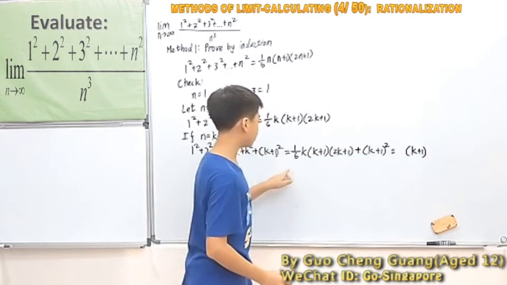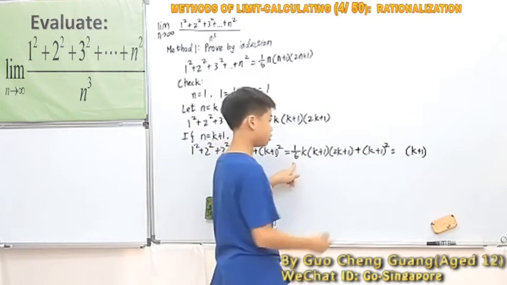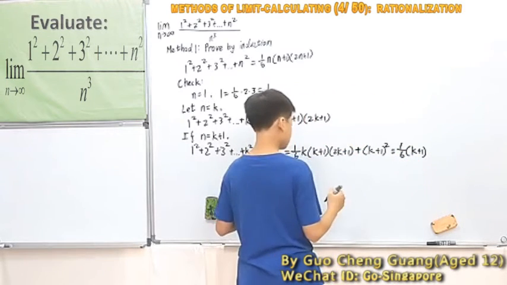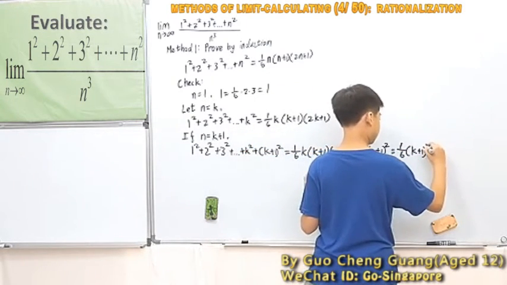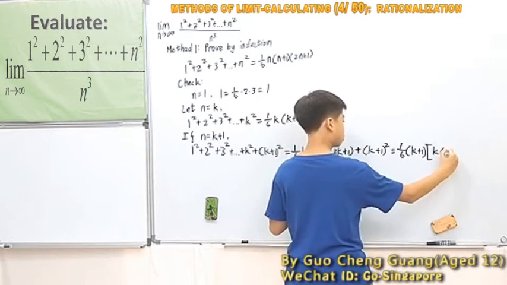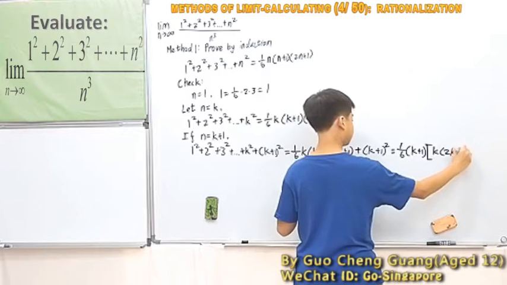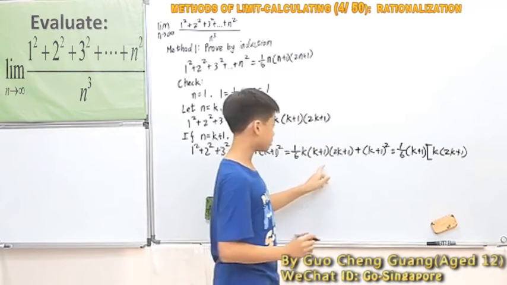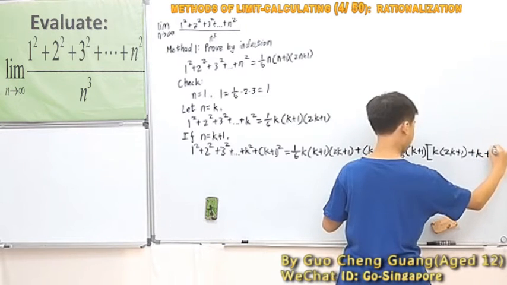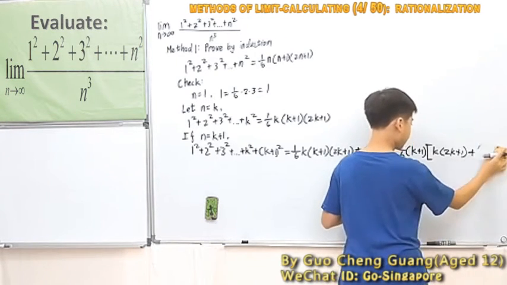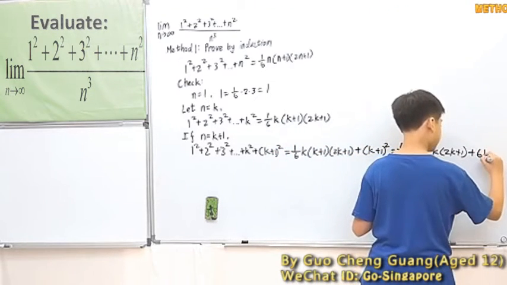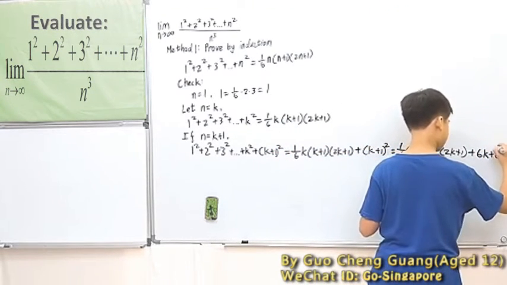Now to make this simple, we take this fraction out. That is the 1 over 6. So then inside here, what you have is k times 2k plus 1, this part, then plus k plus 1. But wait, because you took out 1 over 6, so that k plus 1 needs to times 6.